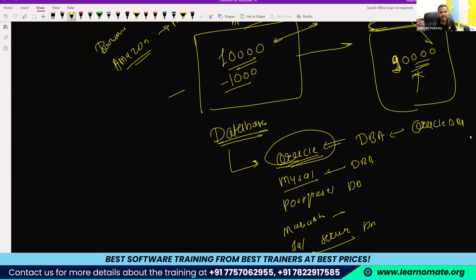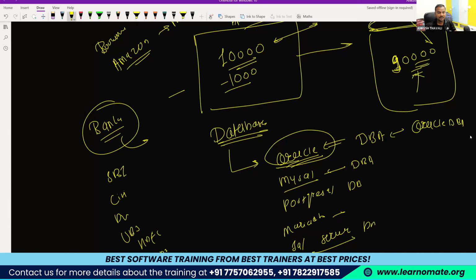But mostly in the bank, because banks store a huge amount of data. Take an example of SBI, Citibank, Deutsche Bank, UBS Bank, or many other banks like HSBC, HDFC. These are very famous banks in India, right? Whenever a bank wants to store data, they do not rely on cloud.